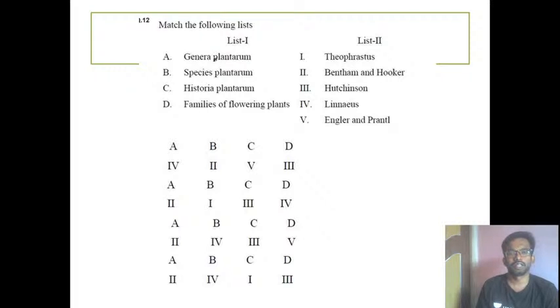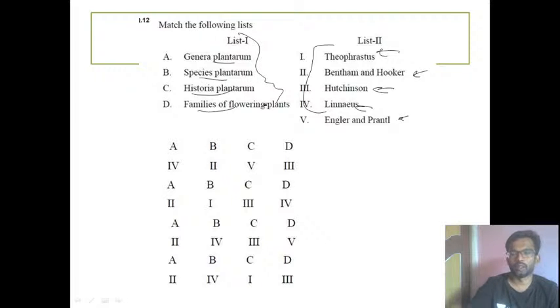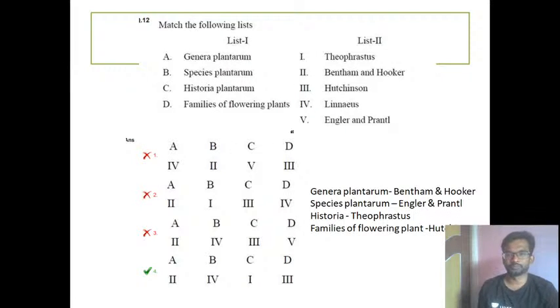Now, what are Genera Plantarum, Species Plantarum, Historia Plantarum, and Families of Flowering Plants? Theophrastus, Bentham, Hooker, Linnaeus, Engler and Prantl, Hutchinson: these people are scientists. You have to connect these scientists with these works.